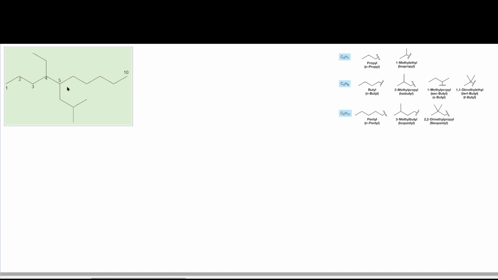So the first group is coming at a higher number, and that's why numbering from the right-hand side would be incorrect. That's why I numbered from the left-hand side, where my first substituent is coming at the lowest number, four.